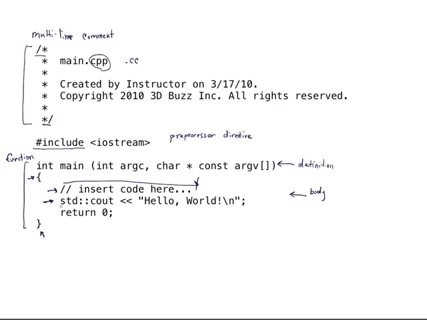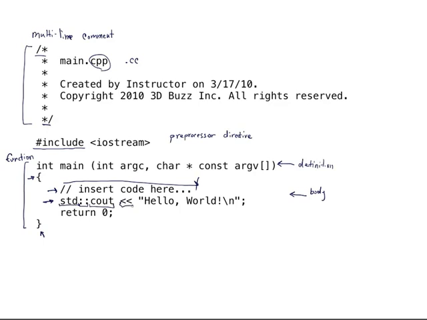We'll talk more about what cout is, what the standard is later, but really briefly, this is a standard namespace, this is a scope operator, and this is the cout object that actually represents the console. That probably doesn't make any sense to you. It's totally fine. Not necessary for this video.